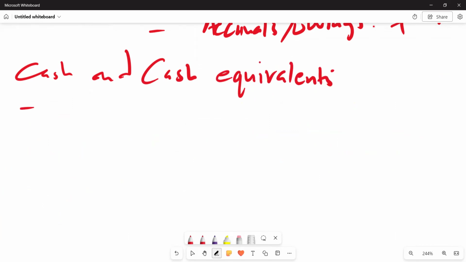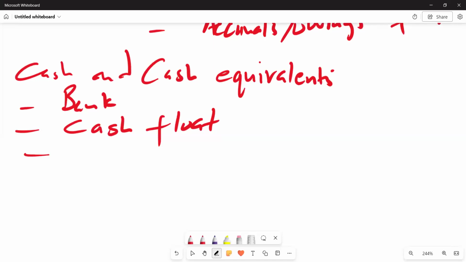So elements of cash and cash equivalents, we are going to have our bank if we have it. We're going to have your cash float if it's there. And also petty cash can also come under cash and cash equivalents.